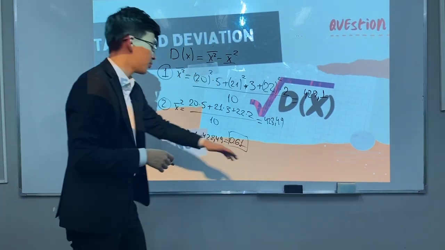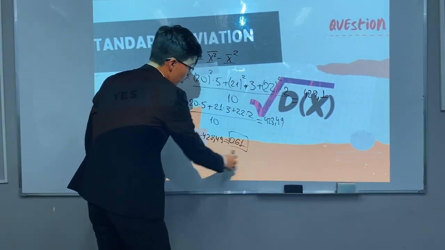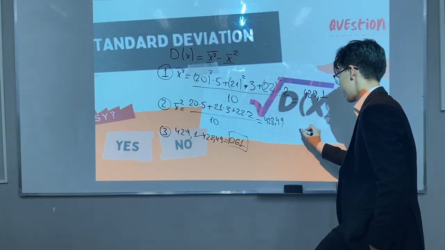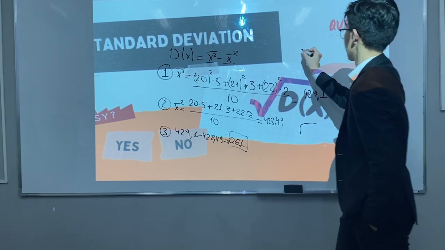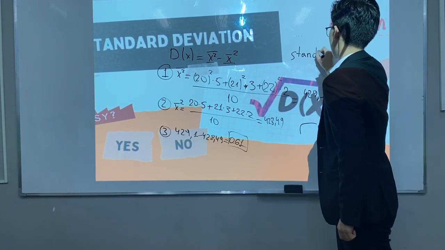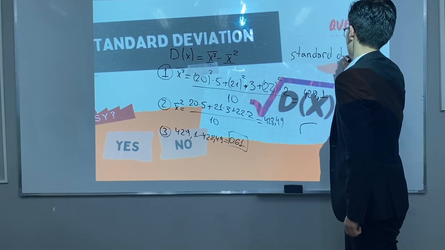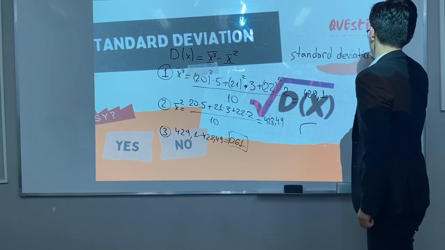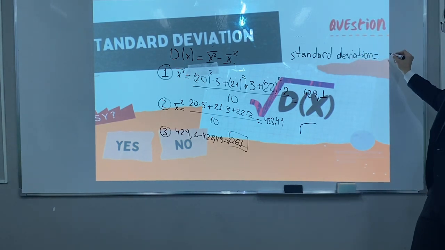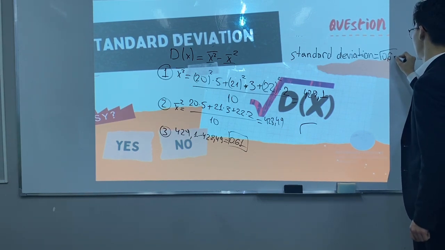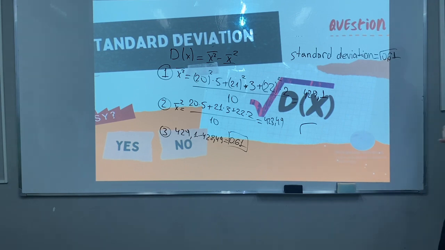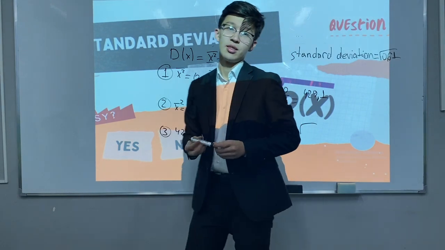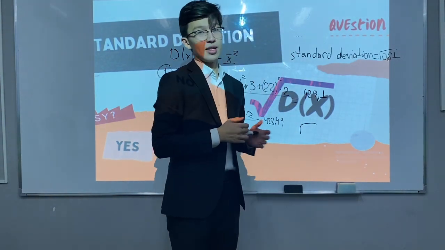For example, if this is the dispersion of our set of data, then our standard deviation will be just the square root of this. And yeah, as I said, that is pretty easy, and I think that is enough for today.